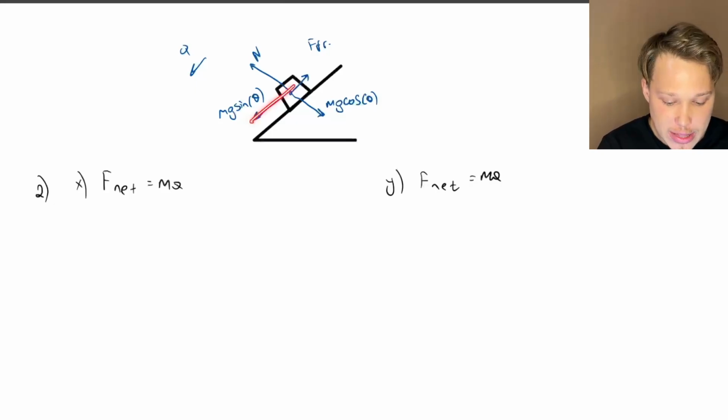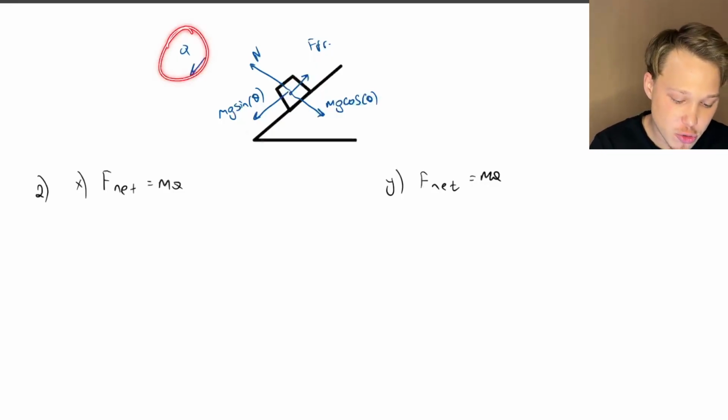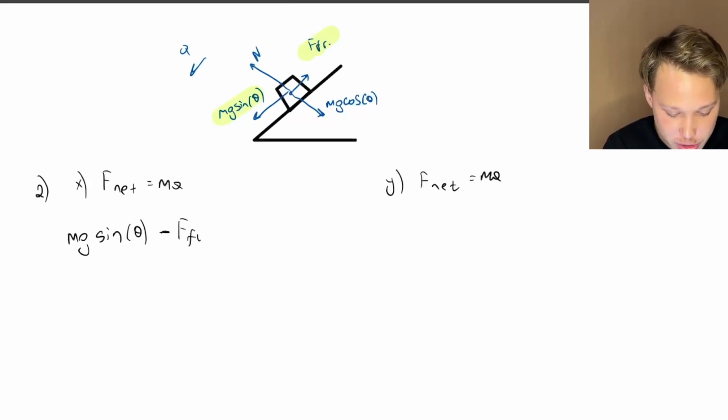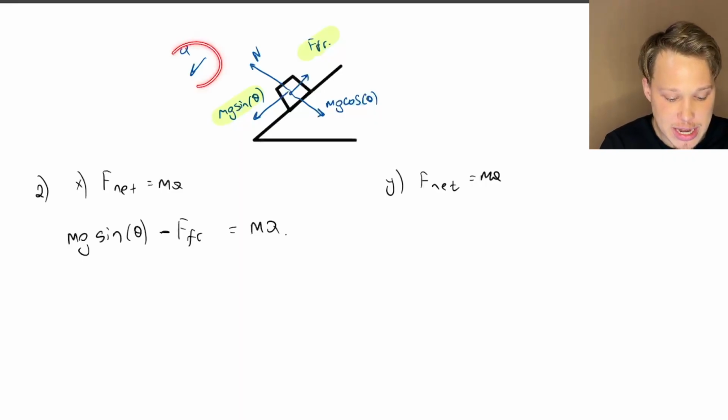So in the x direction, the horizontal direction, let's consider down the plane to be positive. So therefore, the horizontal forces are going to be these ones. So mg sine theta minus force of friction is equal to ma, because it has that acceleration.